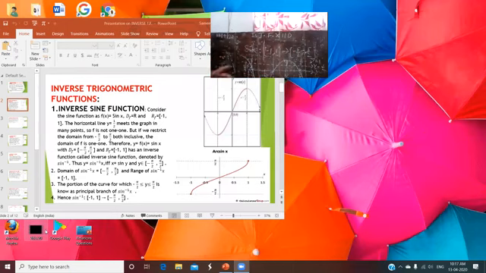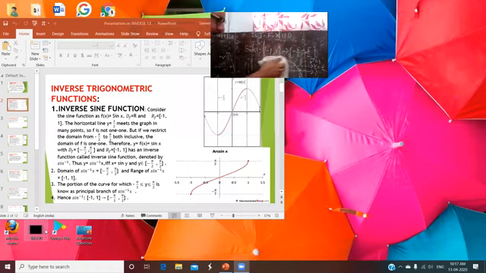Sine inverse x is also known as arc sine x. So sine inverse x maps minus 1 to 1 to minus pi by 2 to pi by 2. You have to learn that this is the domain and that is the range, known as the principal branch.